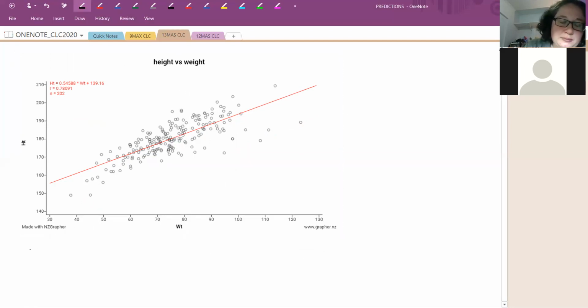And that's important because, of course, extrapolating, which is taking a prediction from outside of my data set, that is dangerous.